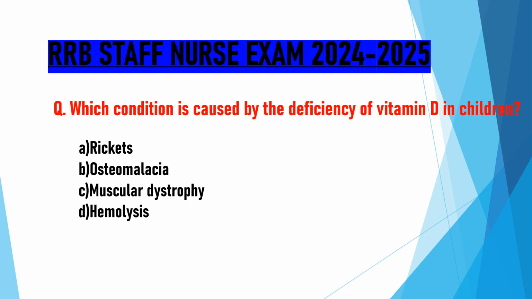Which condition is caused by the deficiency of vitamin D in children? Options are rickets, osteomalacia, muscular dystrophy, hemolysis. So the answer is rickets.